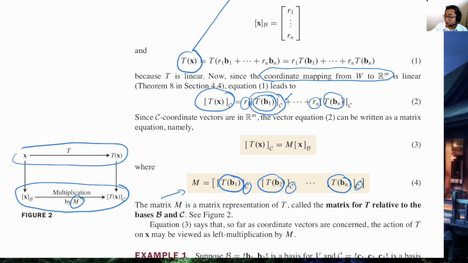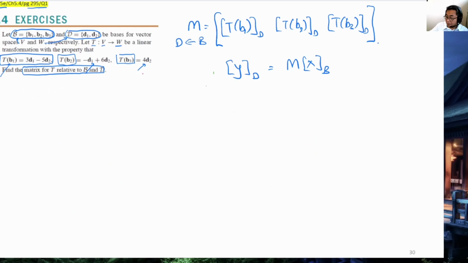Alright, so now let's go back to our question. In our case, this is the input X in the B basis. This is the matrix of the linear transformation from the B basis to the D basis. Observe the arrow. Some people prefer to write it this way, it doesn't matter. And finally, M times [X]_B will change the input from the B basis to, in our example, the D basis.